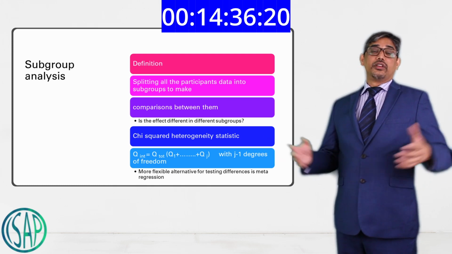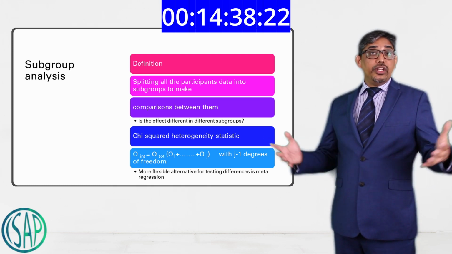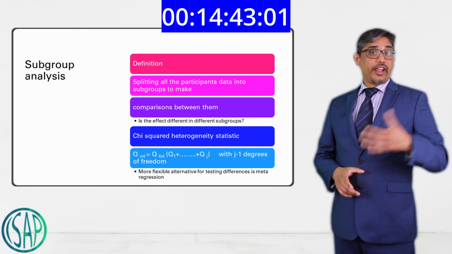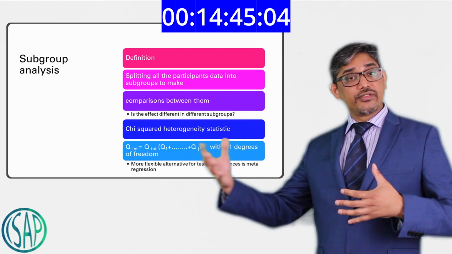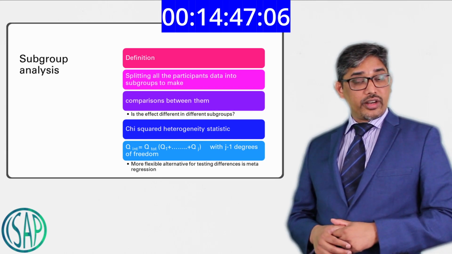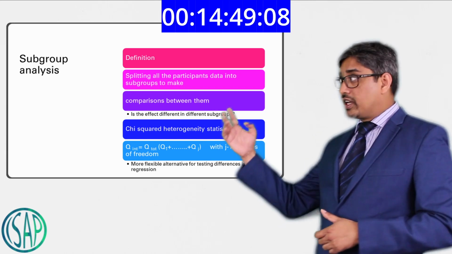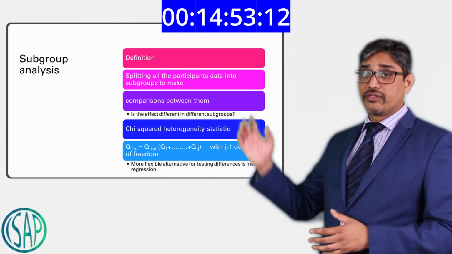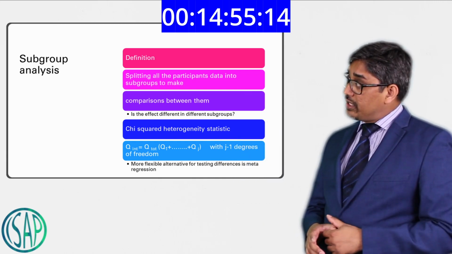So let's say you got a Q value of 100, then you need more degrees of freedom to reduce the inherent I square or heterogeneity value. So with more degrees of freedom in the equation, I square equals Q minus degrees of freedom divided by Q into 100%, you can see that the more degrees of freedom, the lesser the heterogeneity.